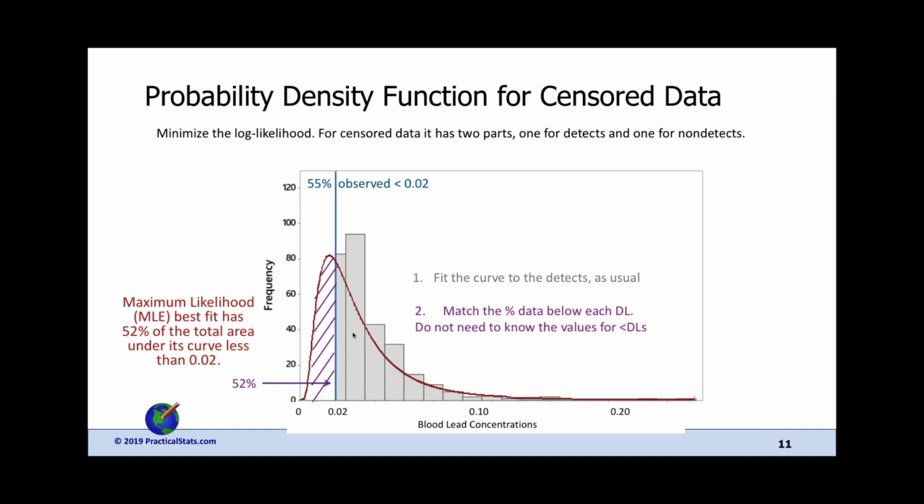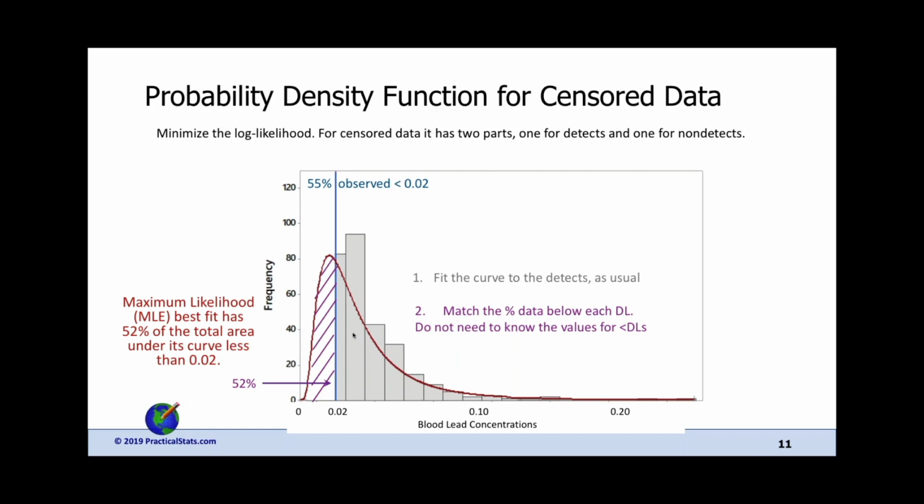It does that further up around 0.10. And then also it's going to be modifying that curve, moving it back and forth and changing its standard deviation, changing its width in order to get about the same amount of data below 0.02, even though we don't have values for them, so that the area under the curve should be close to 55%. And apparently in this case, the best fit MLE solution had about 52% below 0.02.